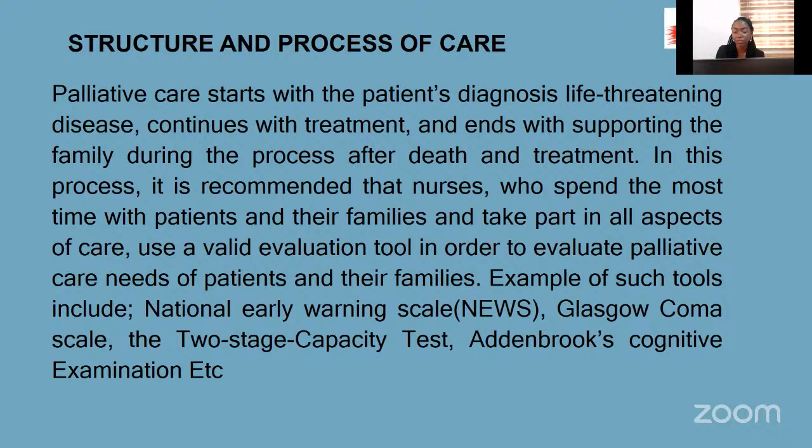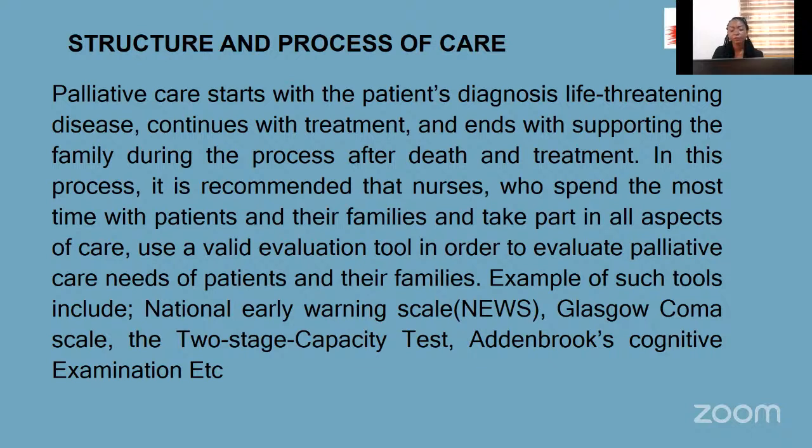And one of the tools here you can use as a caregiver, as a nurse, is National Early Warning Scale. Another one is Glasgow Coma Scale. This scale is used to check the patient level of consciousness. So you can have a patient who is unconscious. You don't just watch the patient. You have to check and ascertain the level of consciousness to aid reporting and to determine the severity of the patient's condition.